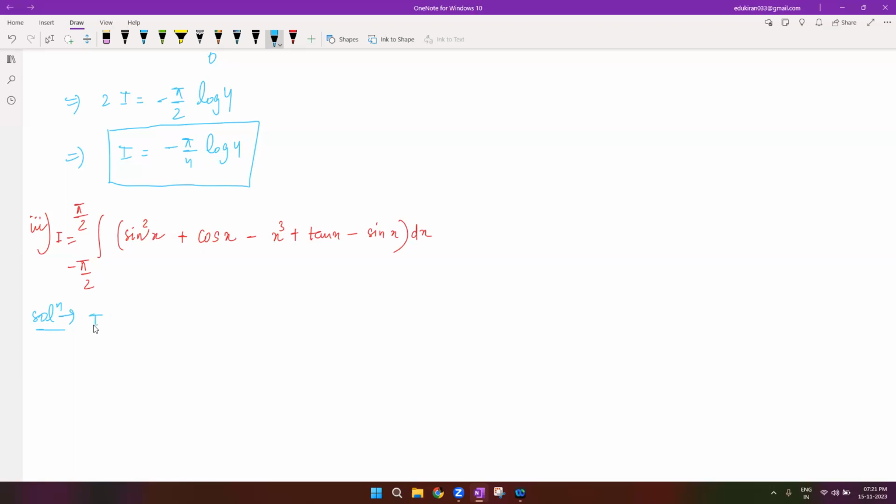So first of all, what I am going to do is take them individually. I'll take minus pi by 2 to pi by 2 sine square x dx. I'll integrate this separately. I'll integrate cos x separately. I'll integrate x cube separately. Then I'll integrate tan x separately. Definitely I can do that, right?